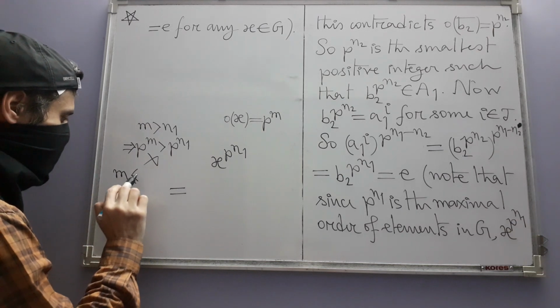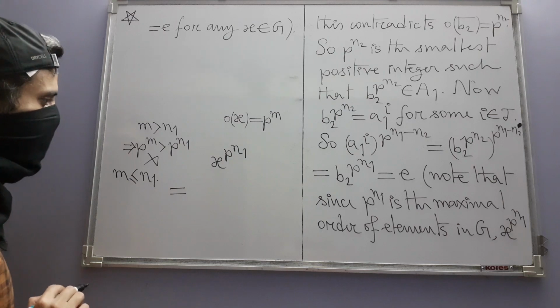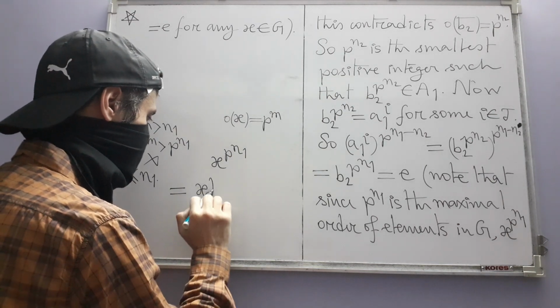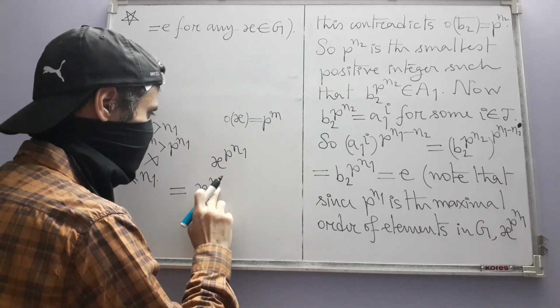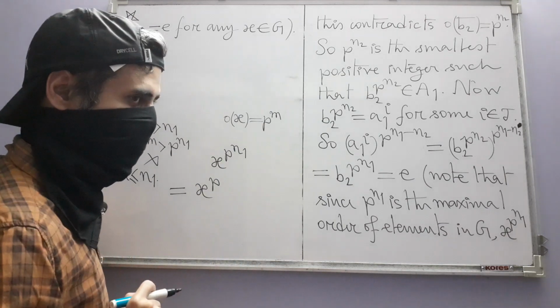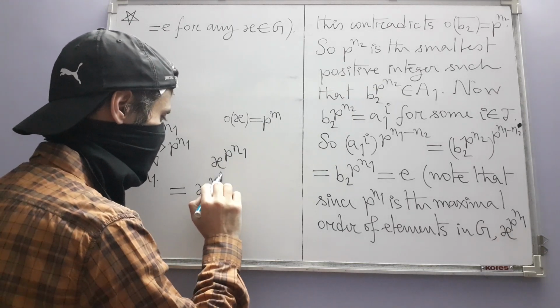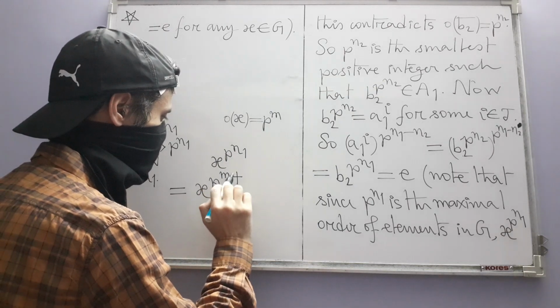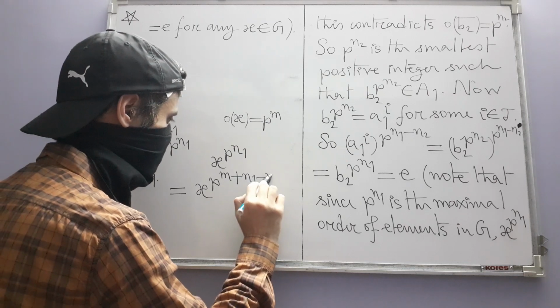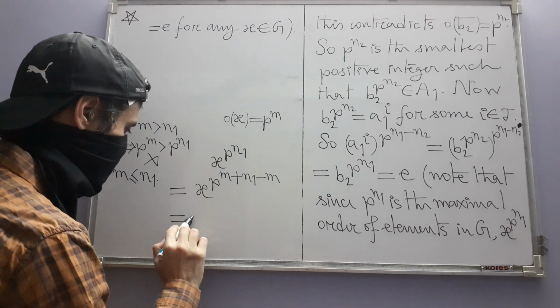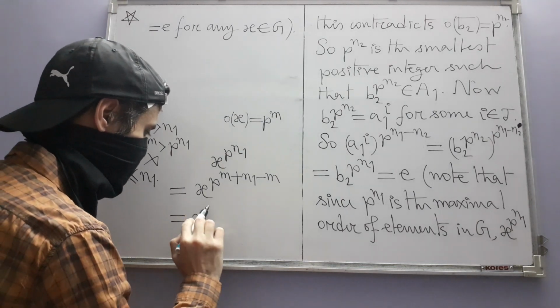So m has to be less than or equal to n1. Now, because of this, we should attack the exponent of the exponent, not the exponent itself. Here itself you write m plus n1 minus n. Okay?